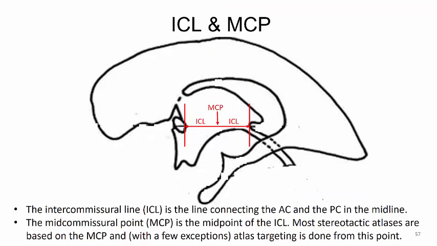The intercommissural line, or the ICL, is the line connecting the AC and the PC in the midline. The mid-commissural point, or the MCP, is the midpoint of the ICL. Most stereotactic atlases are based on the MCP, and with a few exceptions, atlas targeting is done from this point.